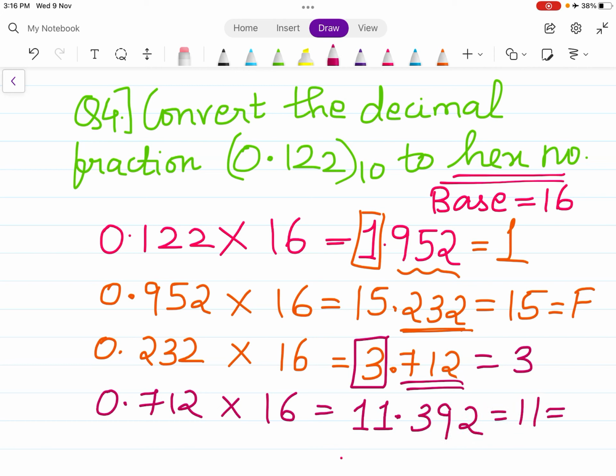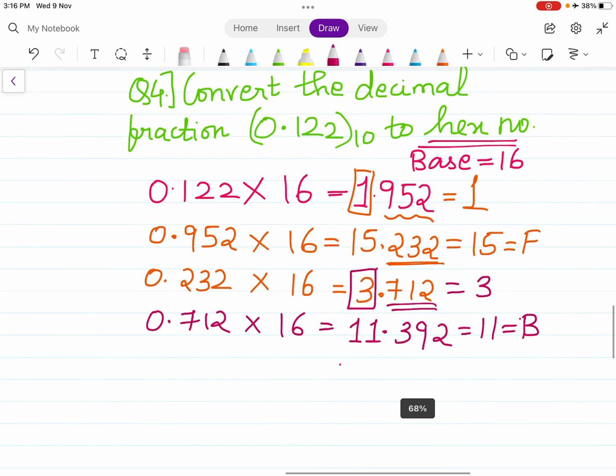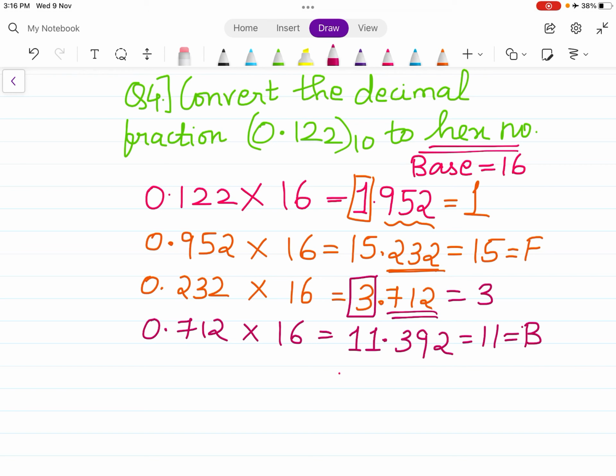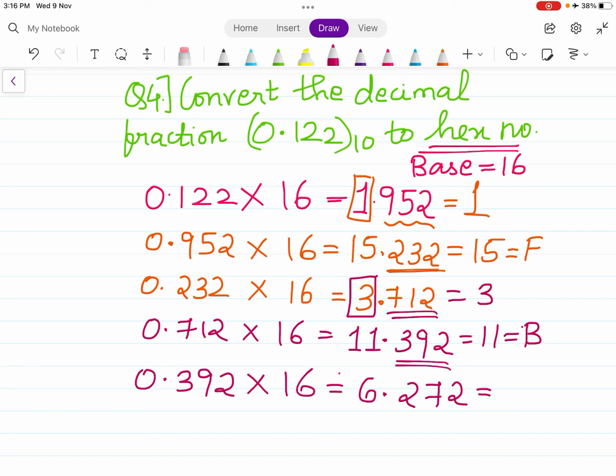So this is 11, and we know 11 corresponds to the letter B. Then the fractional part is 0.392 into 16, which is 6.272.